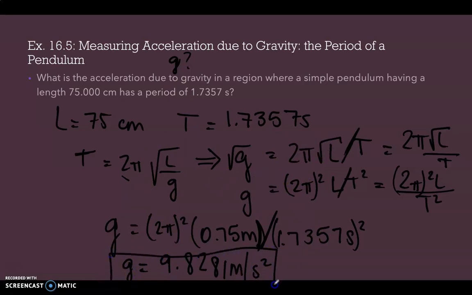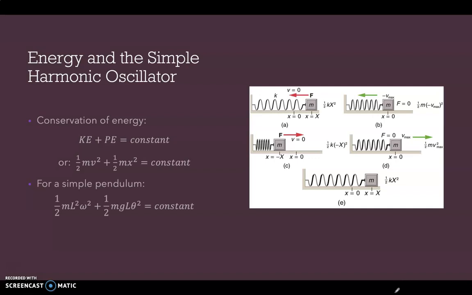And notice that that is similar to our known 9.8 meters per second squared. So this checks out. Let's go ahead and stop this video here, and then I'll continue in the next one.